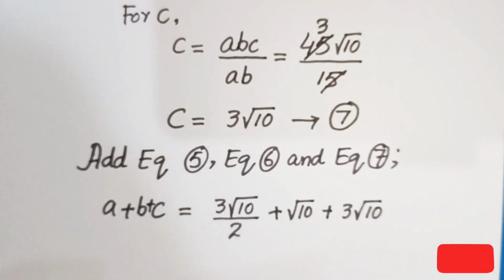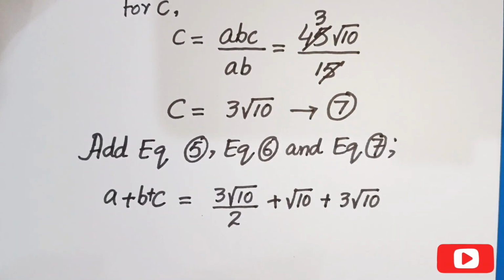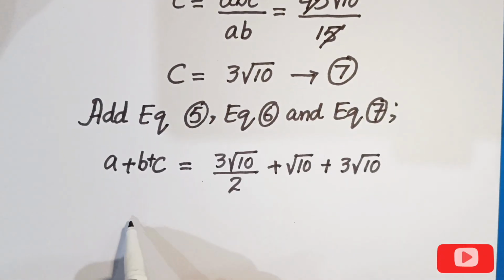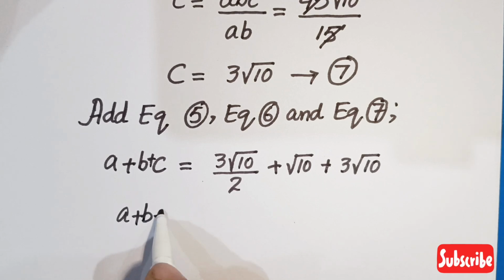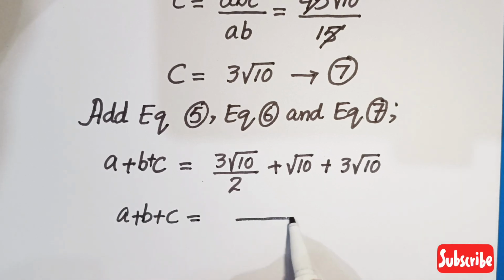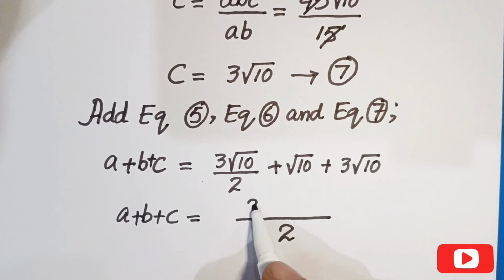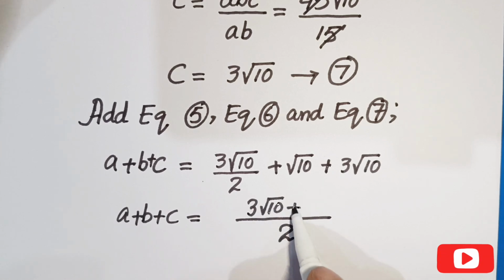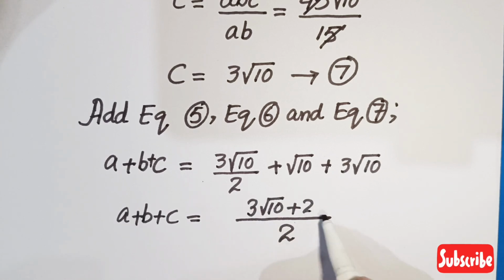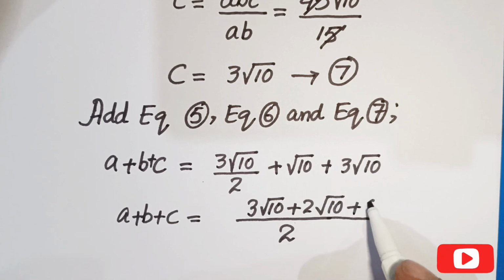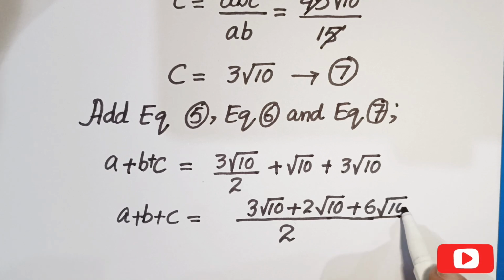Now adding these three terms on the left hand side and right hand side, we get a plus b plus c is equal to, if we take 2 as the least common multiple, 3 times square root of 10 plus, here 2 ones are 2, 2 times square root of 10, and here 3 times 2 is 6 times square root of 10.